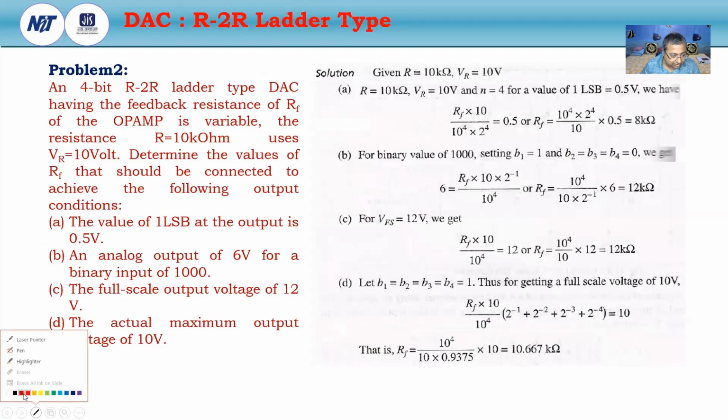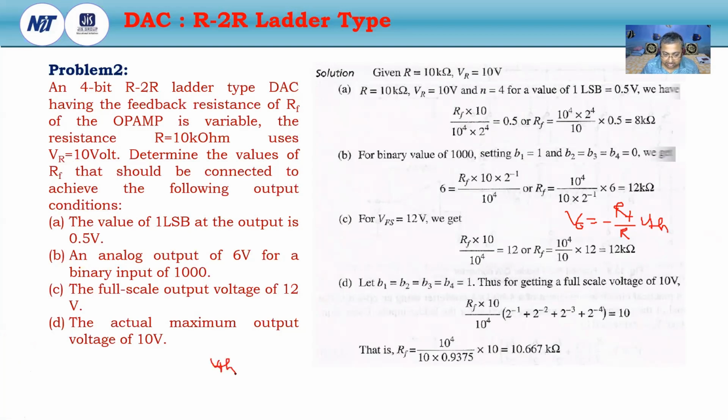If I put the value in the general case, what will be the value? Suppose V0 is equal to minus RF by R into VTH. So what is the value of VTH?